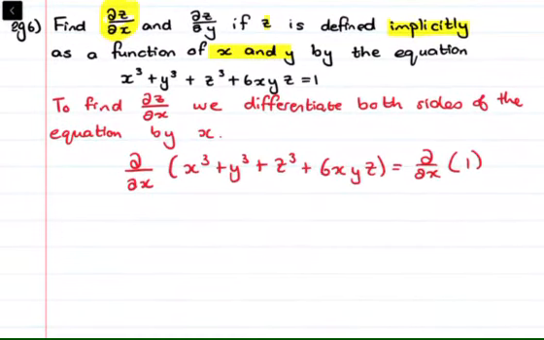Let's first remember something. We are finding the partial derivative with respect to x here, and whenever we see a y, then we know that y is a constant. Z is a function of x and y that has been defined implicitly, so we do not treat it as a constant.